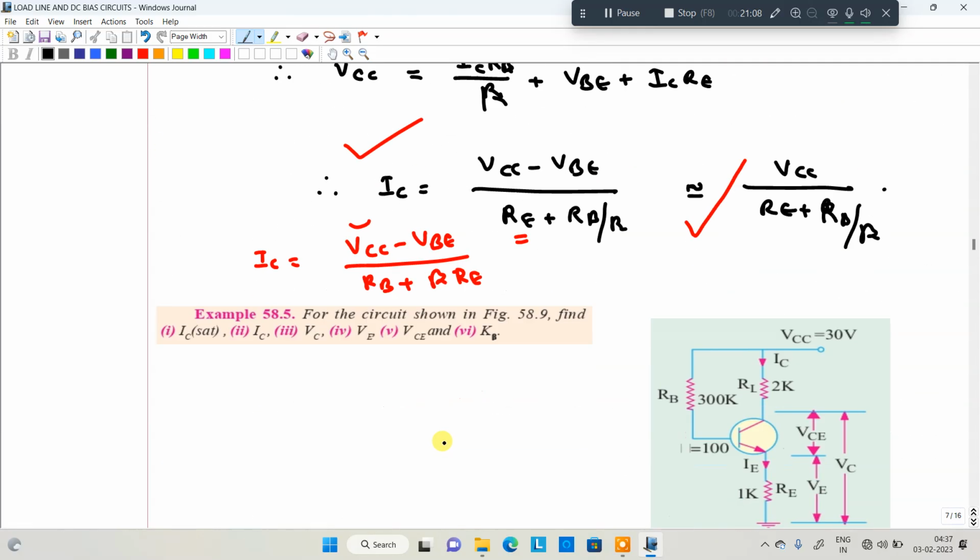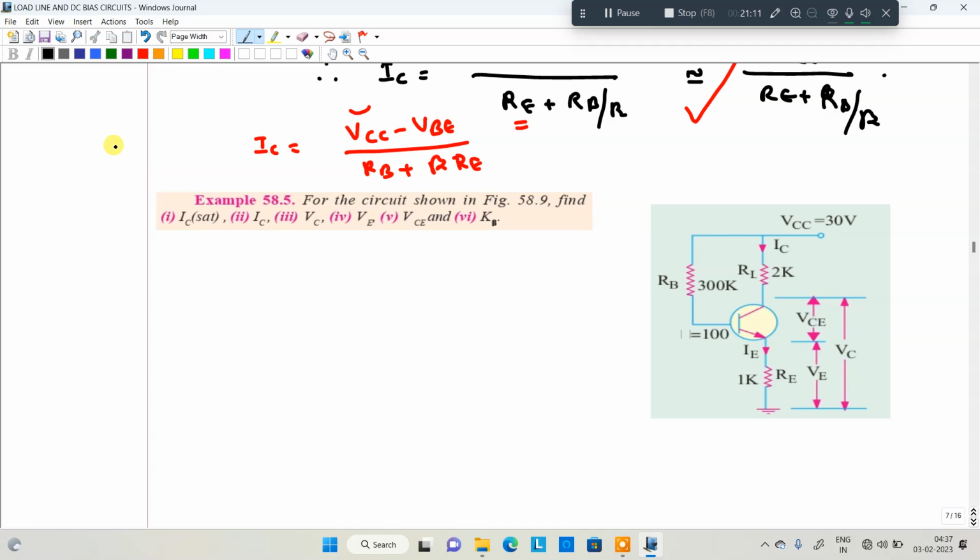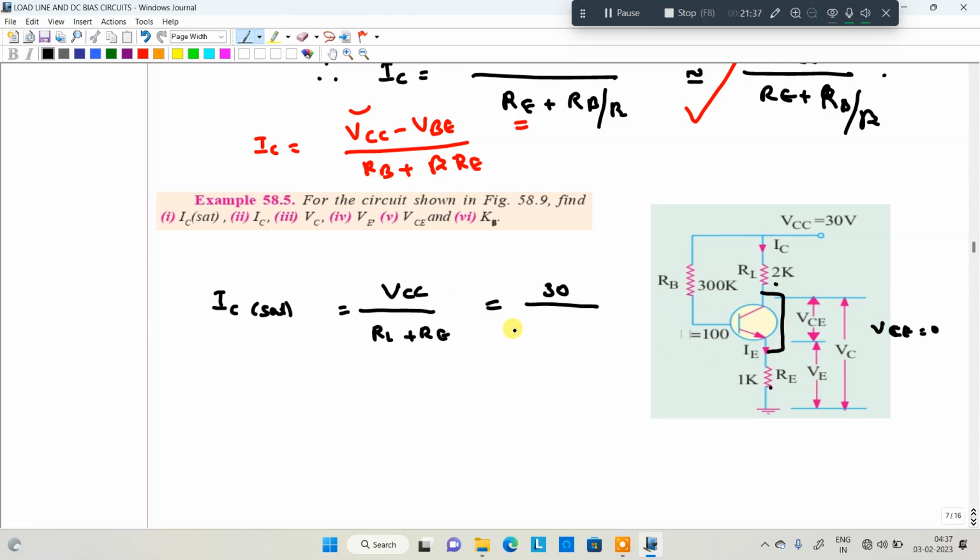Look at the particular problem. First, they are asking about the IC sat. Whenever saturation occurs, VC is equal to 0, it is short circuited. So IC sat is equal to VCC divided by RL plus RE, which is 30 divided by 2K plus 1K, equal to 10 milliamperes.